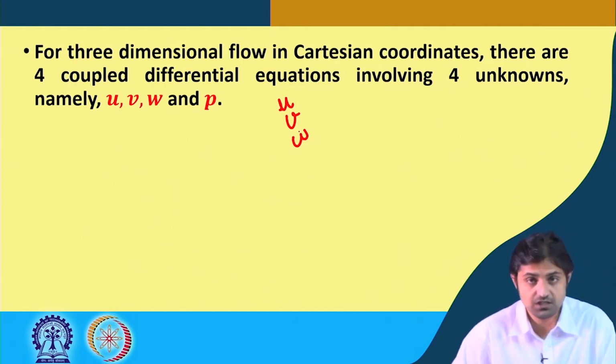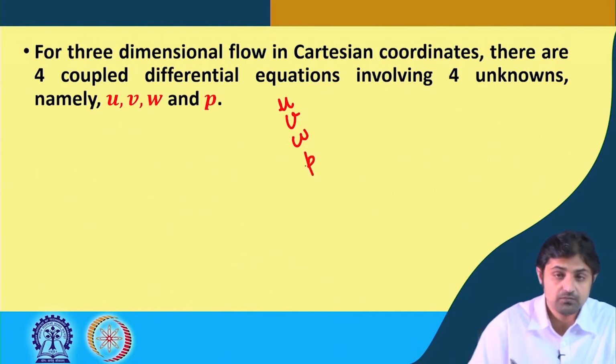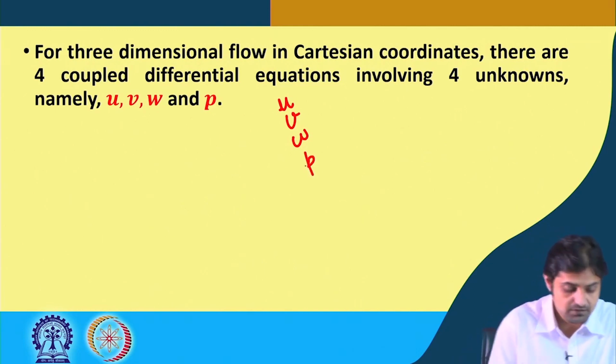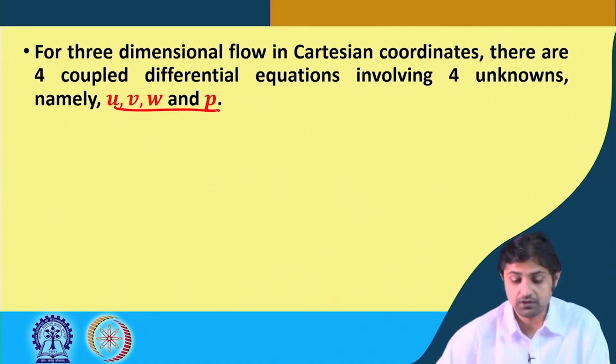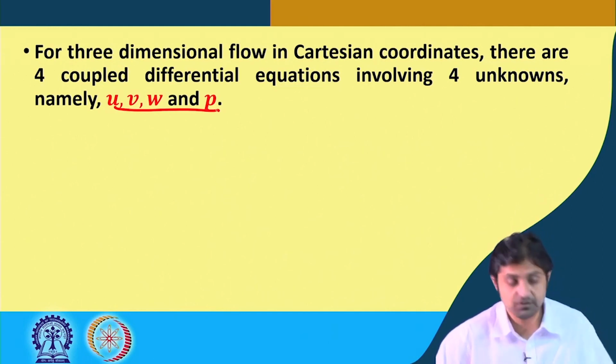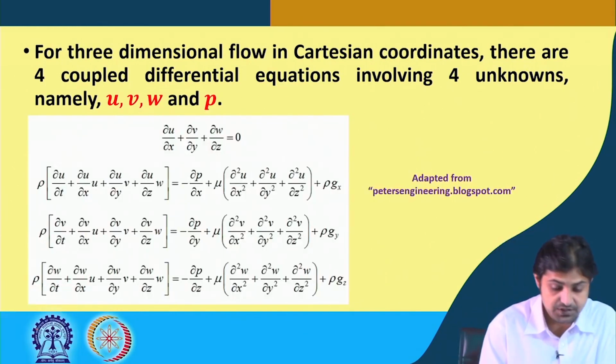All 3 directions are velocities, and the fourth one is going to be the pressure. So these are the 4 unknowns, as already written here, u, v, w and p. And if there are 4 variables u, v, w and p, there are 4 coupled differential equations.